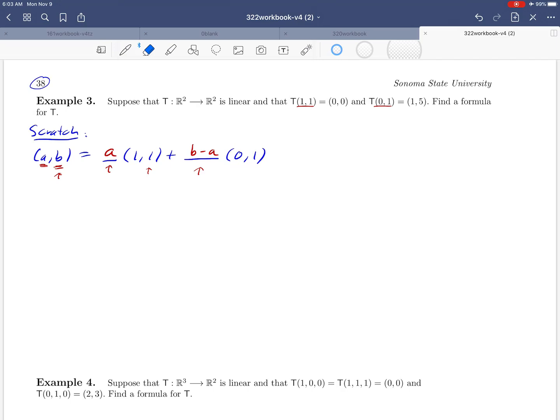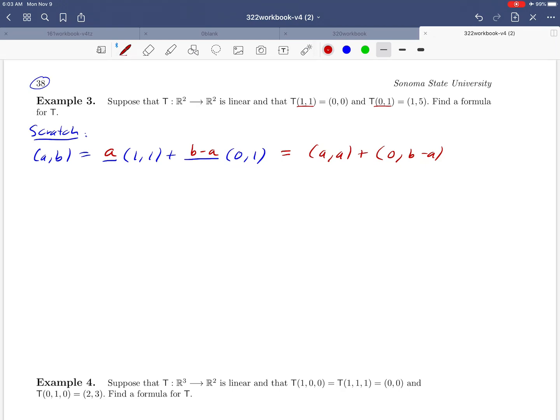Now this process is a little strange the first time that you see it. So I'm going to clear away some clutter here. Let's go a couple more steps just to reassure ourselves that this is really a true statement. If we do the arithmetic with the way that we filled in the blanks, notice what happens here. We get (A, A) for the first ordered pair, and then (0, B minus A) for the second.